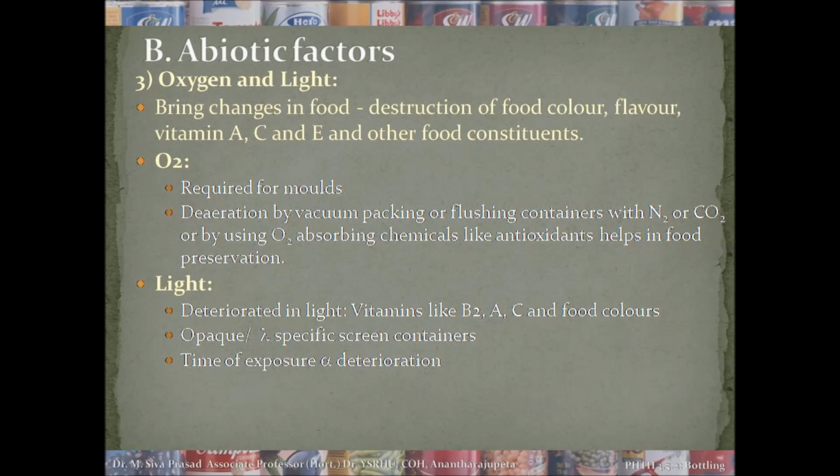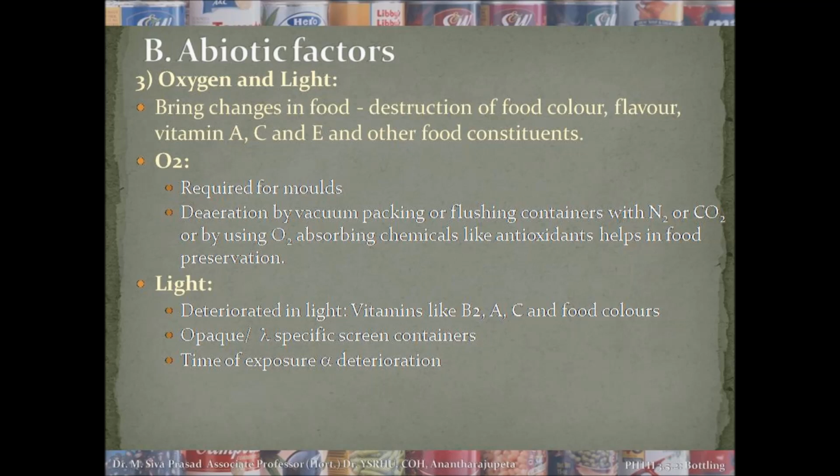But when you are using glass bottles in the case of bottling, if you use glasses which are opaque to the specific wavelengths which cause deterioration of these nutrients, then you can prevent the loss of these nutrients because of light exposure.